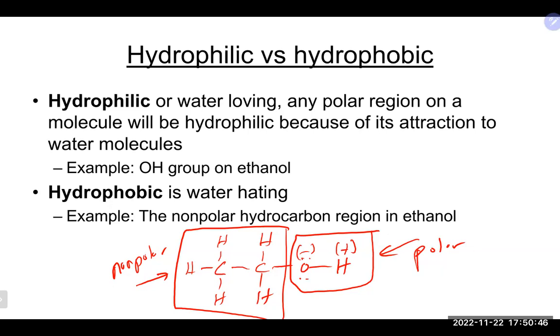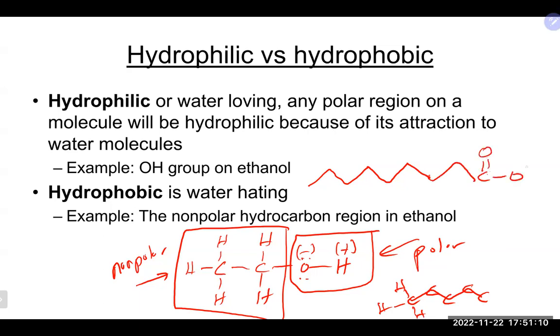That's also how soap works. Soap is basically a long chain of carbons and hydrogens, and that's what my little line structure is. There's carbons at each of those points, and they also have hydrogens coming off of it. And at the end of soap, there is a polar group, which is known as a carboxylic acid group.